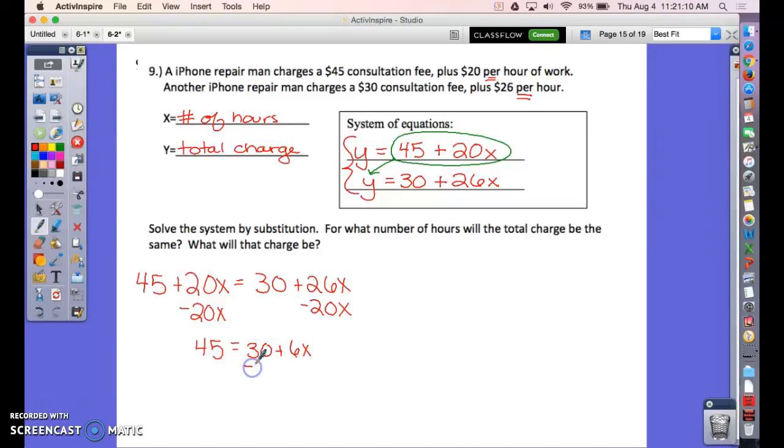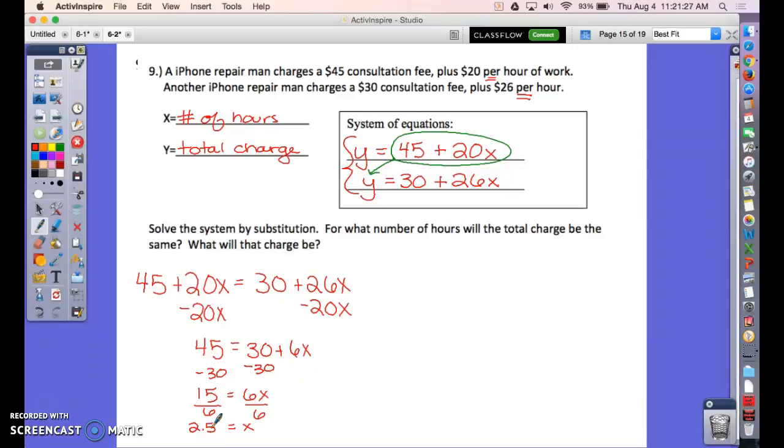And I'm going to isolate x by undoing order of operations. So I had to think about that a little bit.